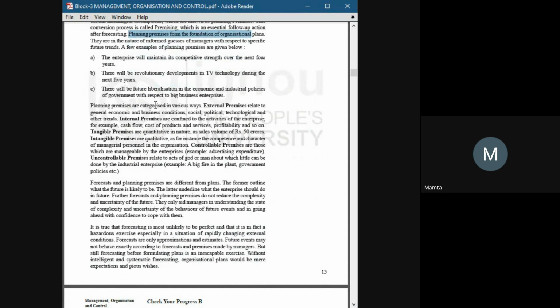Planning premises are categorized in various ways. The external premises relate to the general economic, business condition, social, political, technological, and other trends.